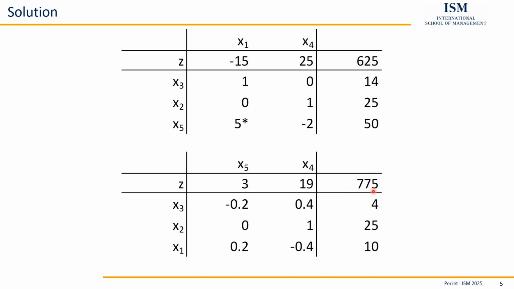Now we have to think back. I said, well, we make the objective function a bit easier by just shortening the coefficients by a factor of 1000. So here we have to readjust the value by the factor of 1000. So we do not have a profit of 775, but we have a profit of 775,000 because we have to multiply this by the factor of 1000 again.